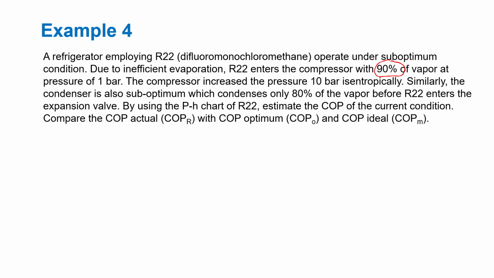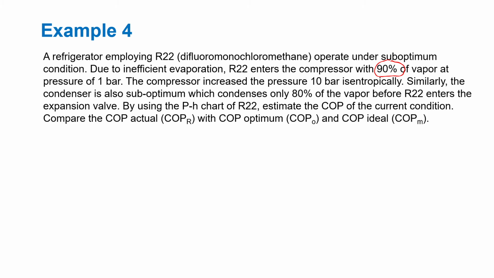The compressor works normally. It increases the pressure to 10 bar isentropically. And here the condenser is also sub-optimum, condensing only 80% of the vapor. So normally, in optimum refrigeration, we try to get saturated liquid, but in this case it only reaches 80%.